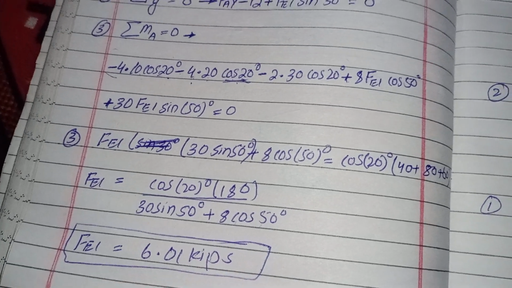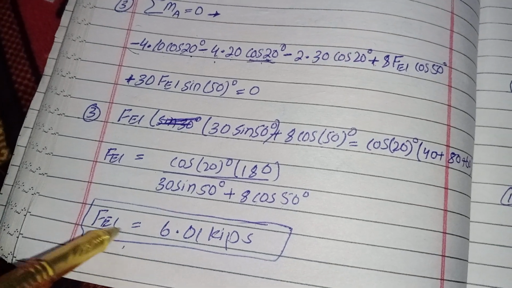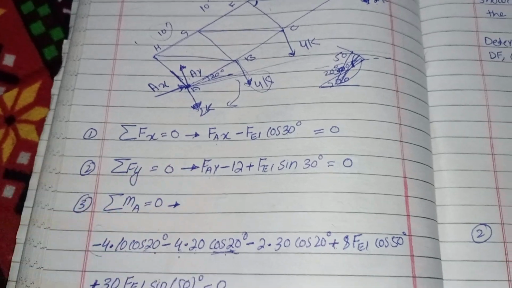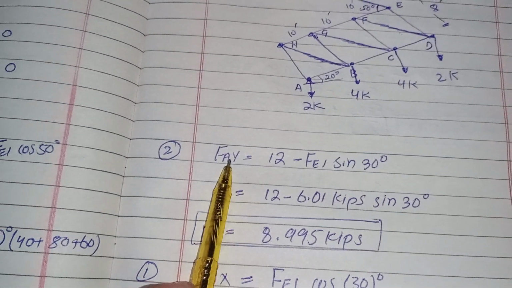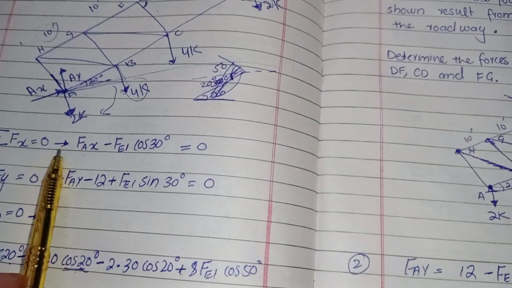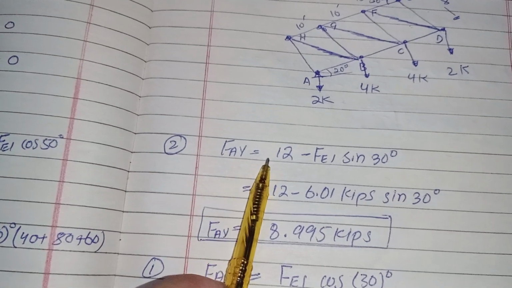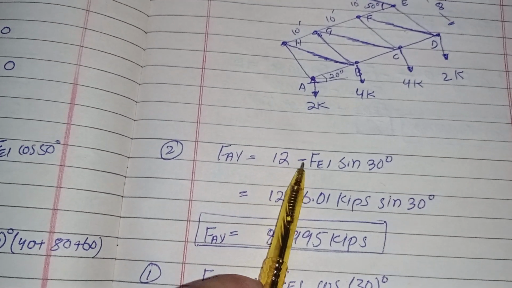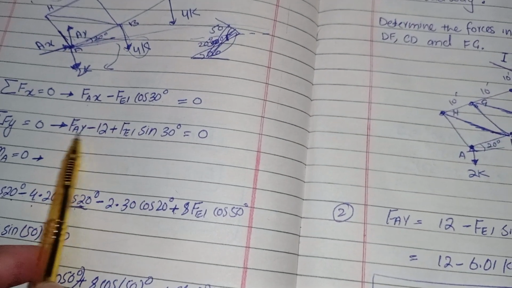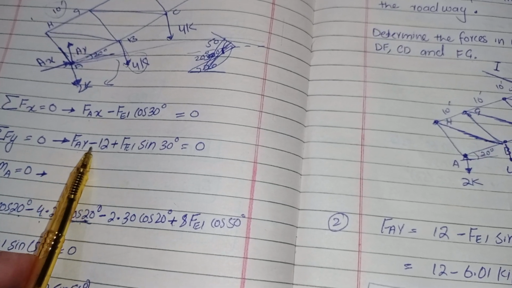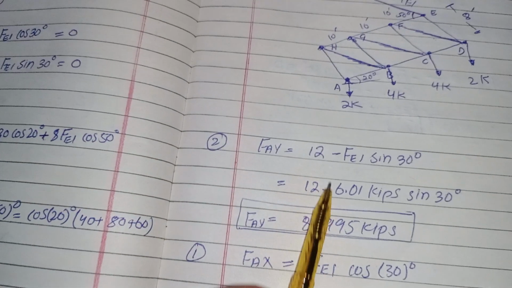Okay, once you find this FEI, you can easily find FAX and FAY. From the second equilibrium equation, Fay minus 12 equals negative.